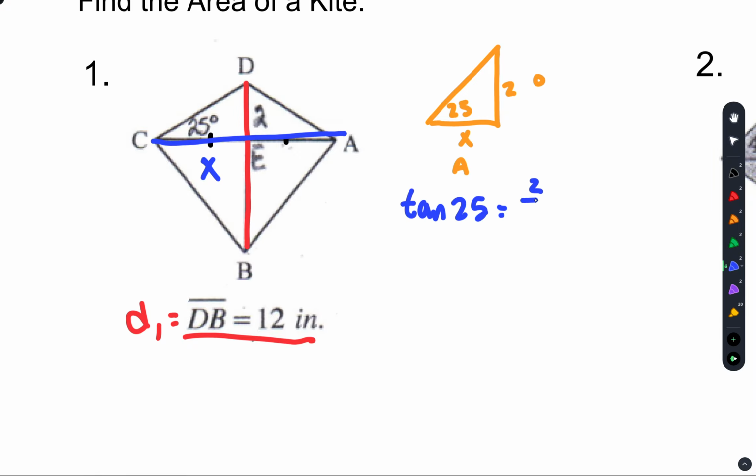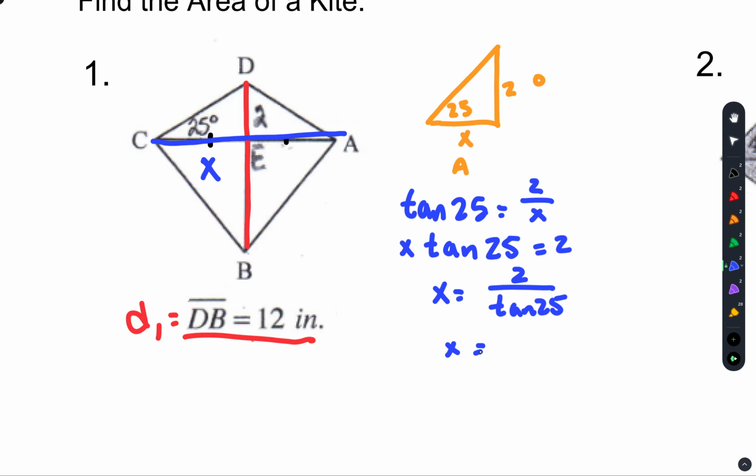Tangent 25 equals 2 over x, where x equals 2 divided by tangent 25. We're going to just get this as a nice decimal. We're not going to worry about simplifying this. This is 4.3. So each one of these little pieces is 4.3.